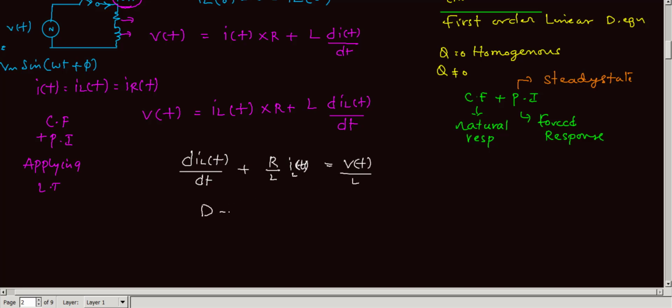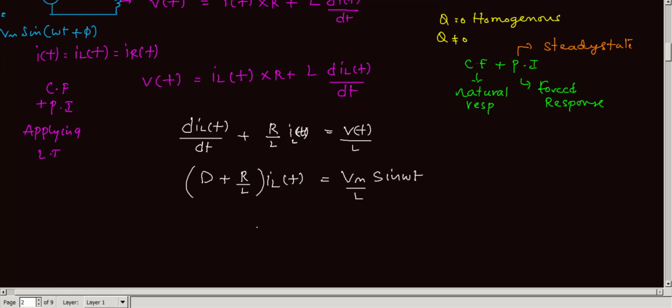So (d + R/L) iL(t) = Vm sin(ωt)/L. This is the forcing function.